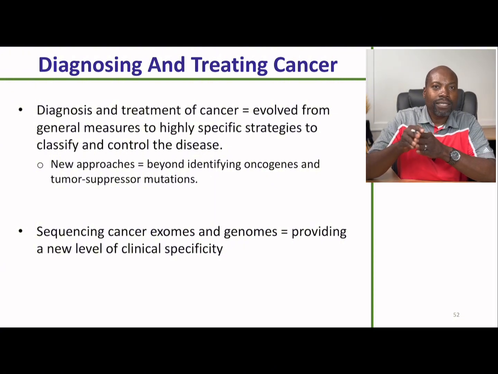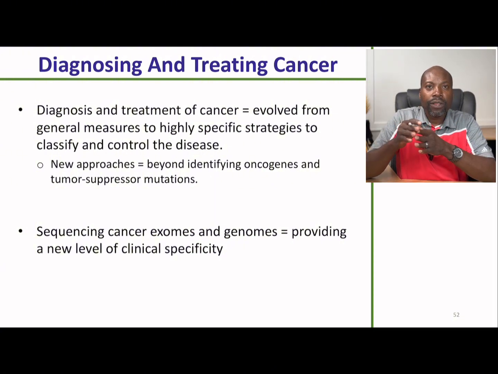So it is tremendous how the approach for diagnosis has evolved. But a lot of the diagnosis still being done these days is going to use antibodies, right? Antibodies that are looking specifically at cancer antigens, okay?